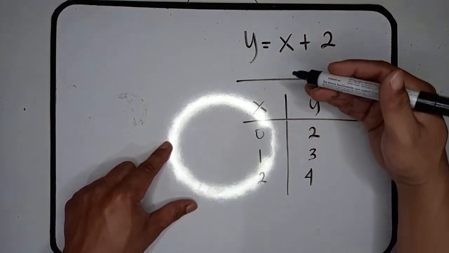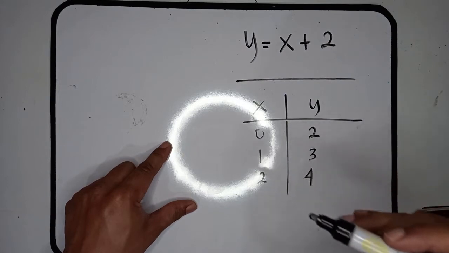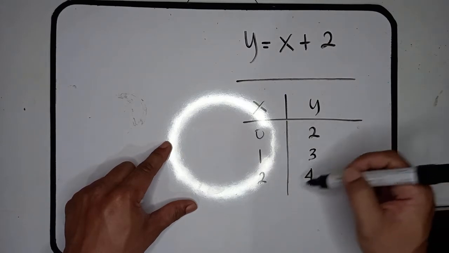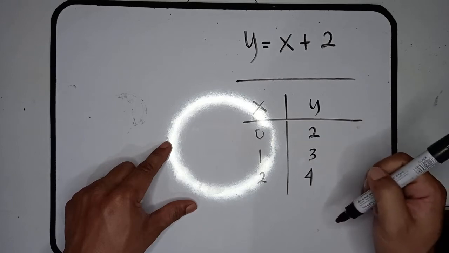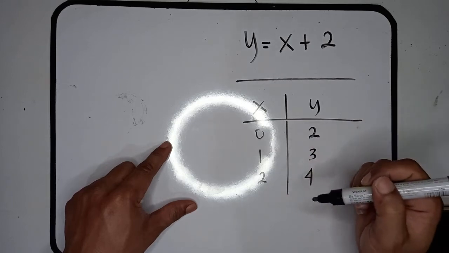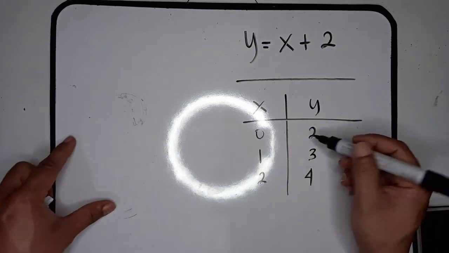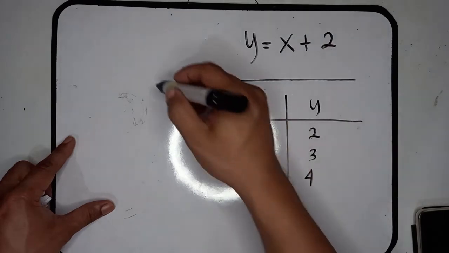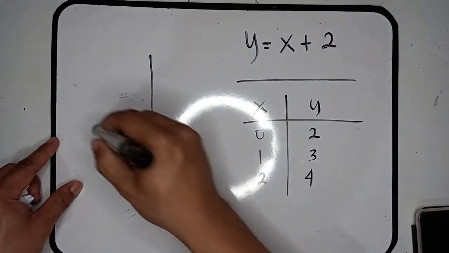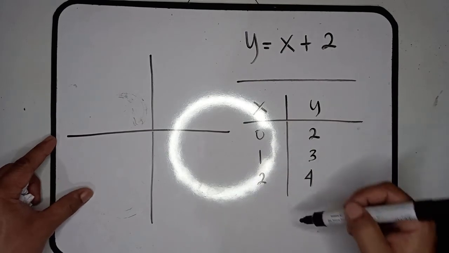Now you can continue doing this, but there's no need to have more pairs. At the very least, you can write two pairs of points. So let's plot this on our graph.